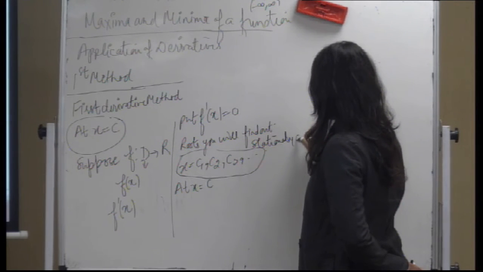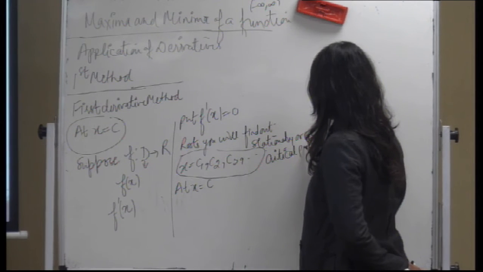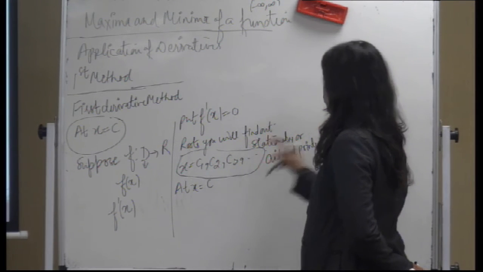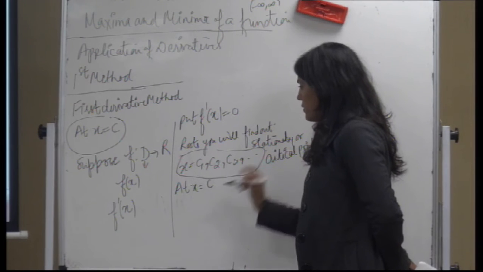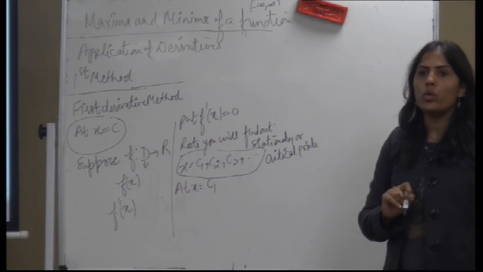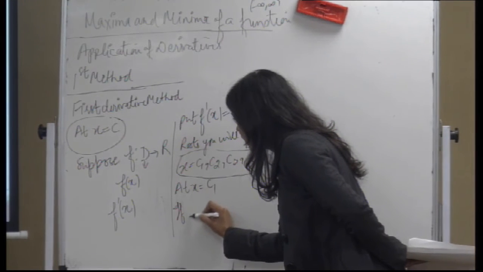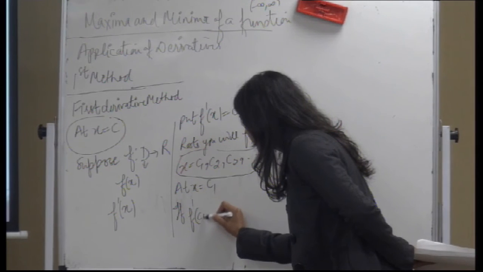Stationary or critical points we call. So the roots we have found out. Now I am doing the discussion at x equal to c1.